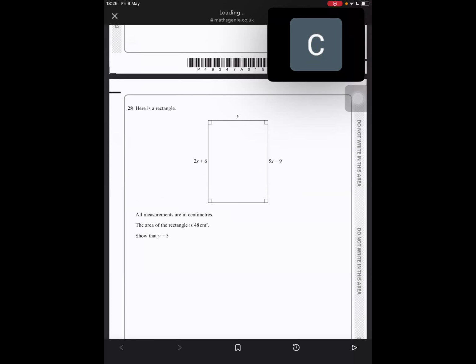Okay. So now let me just point out something here. If you take a look at this rectangle carefully, you will see that one of the sides has y and the other side has x.